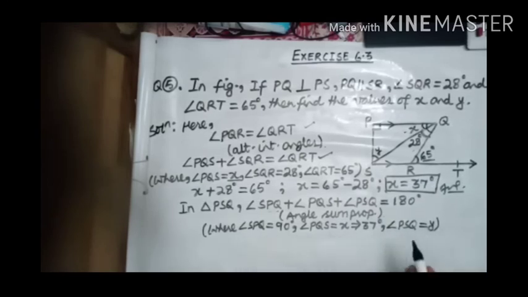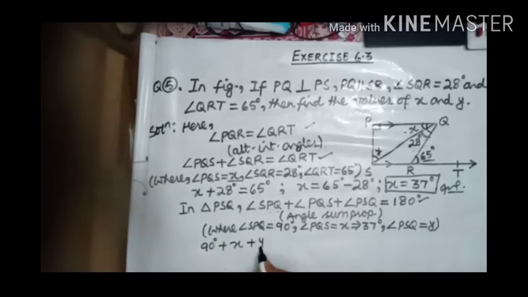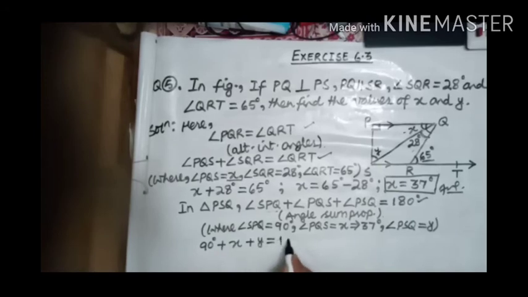Let's use them all in this relation. So it becomes 90 plus x plus y equals to 180.